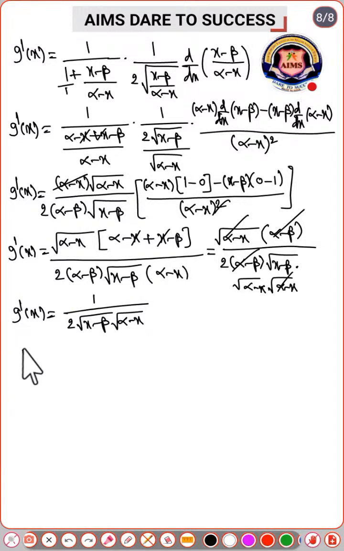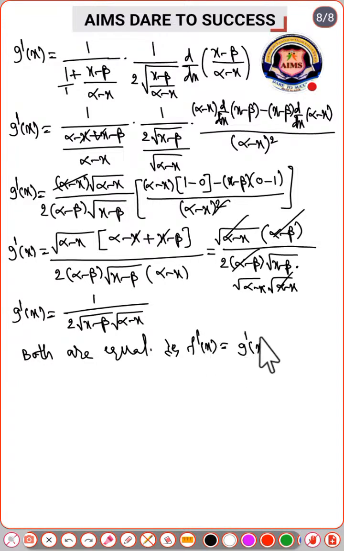So my dears, what did you observe? Both differentiations are equal, that is f dash of x is equal to g dash of x. I hope you all are understanding clearly.